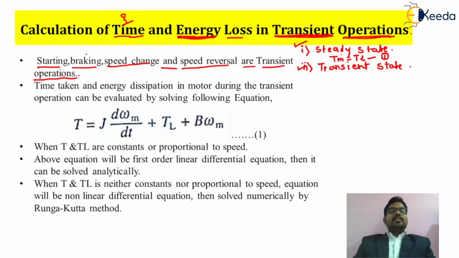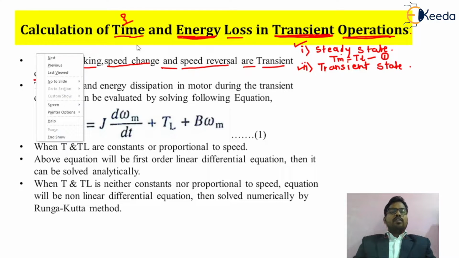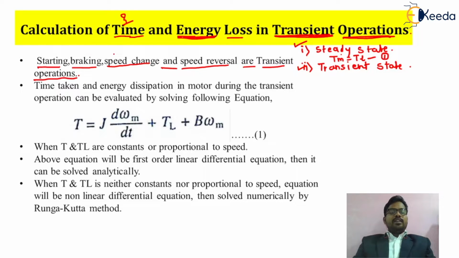Then, at what time the drive is said to stop, so we want to calculate the time for braking, and similarly the energy loss for starting, braking, speed change and speed reversal. Such conditions are called the transient operations of your electrical drive.